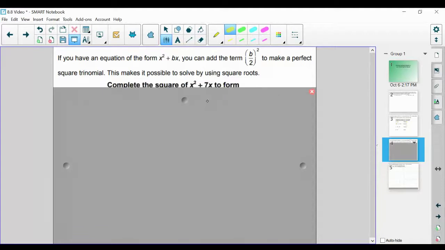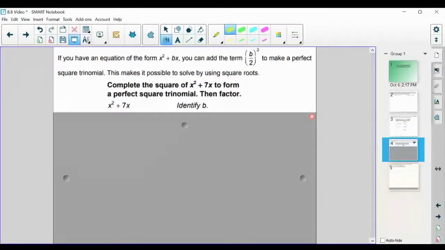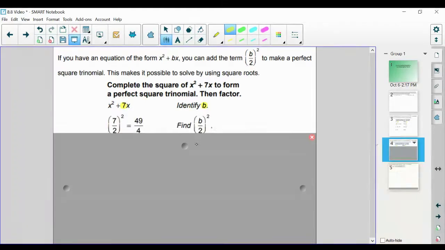So let's use another example. Let's complete the square of x squared plus 7x, again, to form a perfect square trinomial. And then we're going to factor. So we have to identify our b value. Well, the b value is 7. It's the coefficient of our x term, our linear term. We're going to take half of our b value and square it. Well, 7 over 2, we can square that to get 49 over 4.